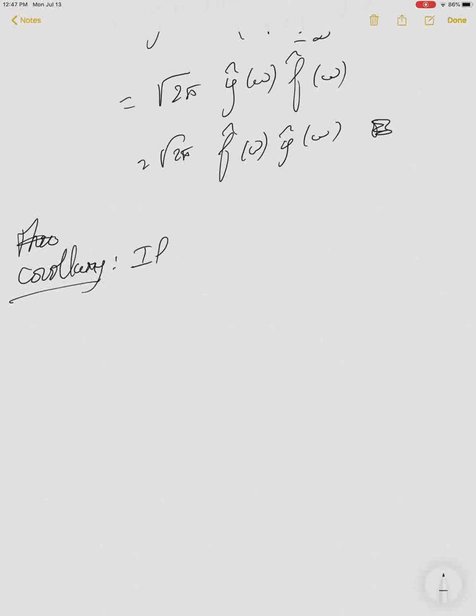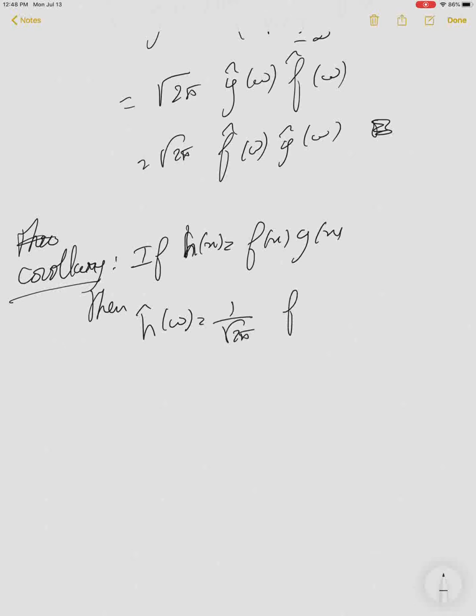So if h of x equals f of x times g of x, then h hat of omega equals 1 over square root of 2 pi of f hat convolving with g hat at omega. So multiplying in physical space is convolving in the frequency space.